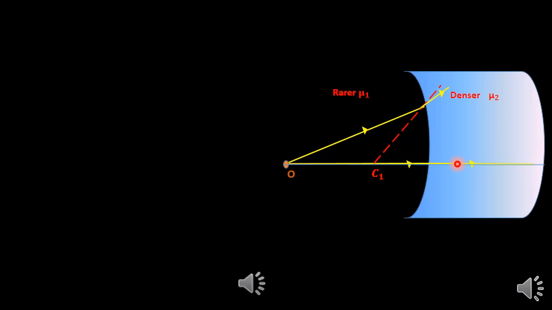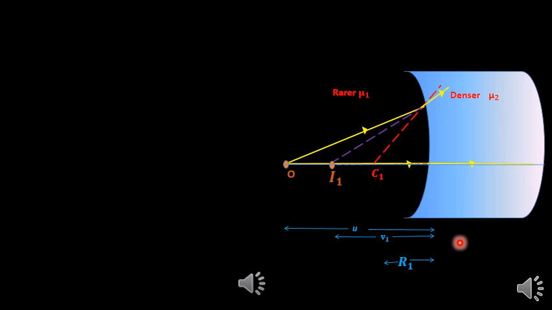Since these two rays are diverging in nature, extend the refracted rays backwards so that an image I1 is formed at the point of intersection. For the first surface, object distance u, radius of curvature r1, image distance v1.